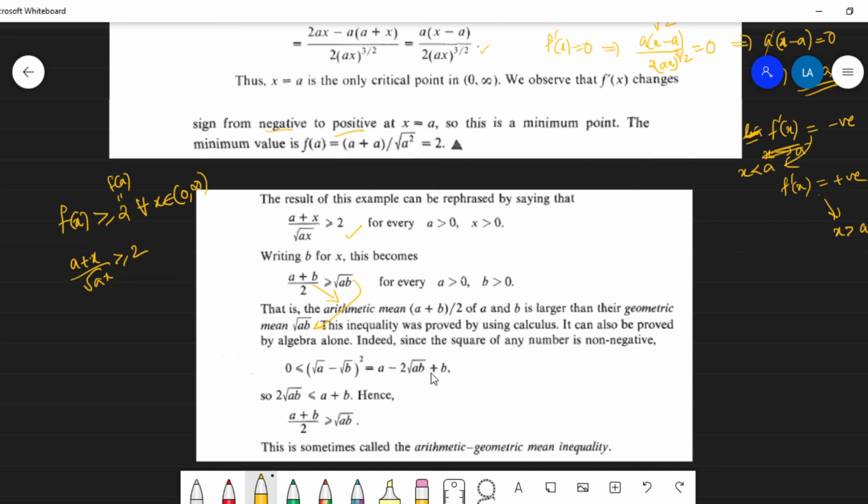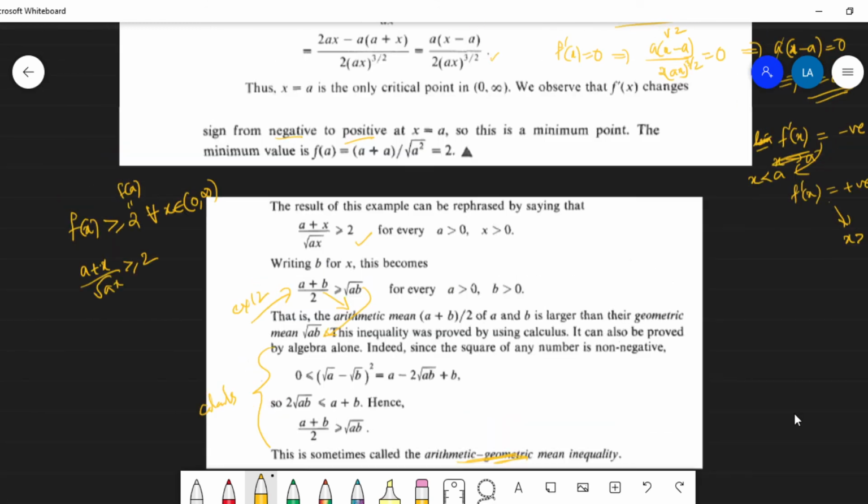So you get a minus 2 root ab plus b, and so you get 2 root ab is less than or equal to a plus b, hence a plus b by 2 is greater than or equal to root of ab. That is how you do it in calculus. The same end result we obtained from example 12. And so this is sometimes called the arithmetic geometric mean inequality.